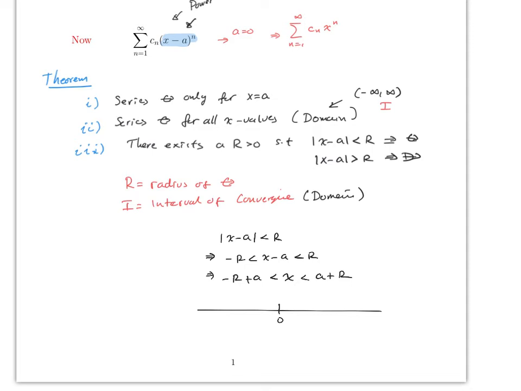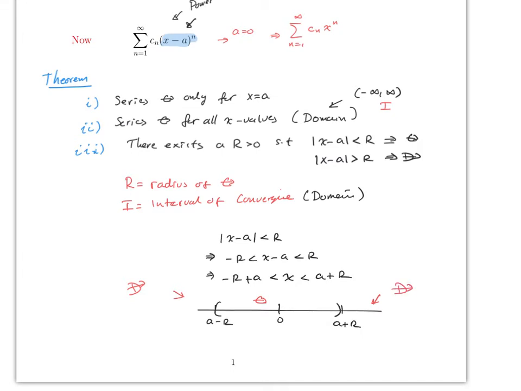Technically this is a radius in one dimension, so if you move it around, it will be a radius in two dimensions. From a minus r to a plus r it will be convergent, and outside of that it will be divergent.